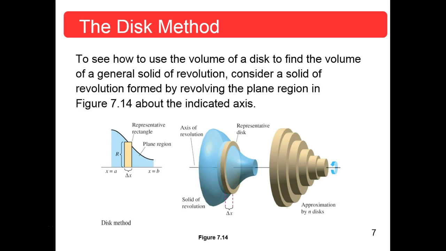Now, not a rectangle, but you can do your little delta x's into approximate rectangles so that this would approximate, as you revolve that around, you're going to get this little, it's sort of hard to see because they don't show the interior of this.